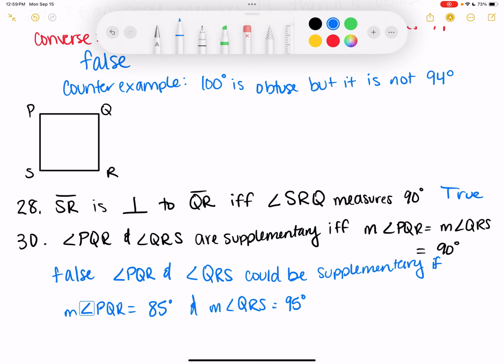What number plus what number? 85 and 95. And they look 90 degrees, but what if I didn't draw my picture quite right? They're not specified to be 90, so they could be something close that still looks like it, but is slightly off.